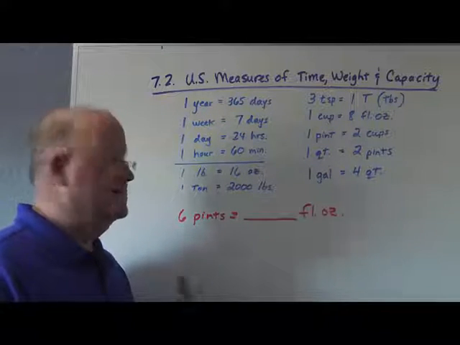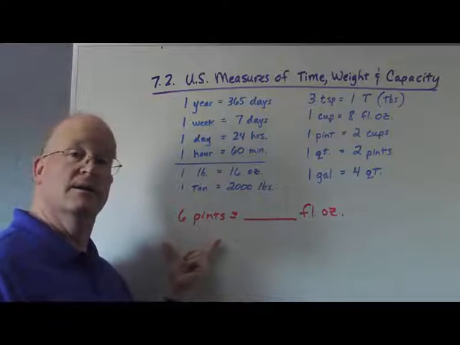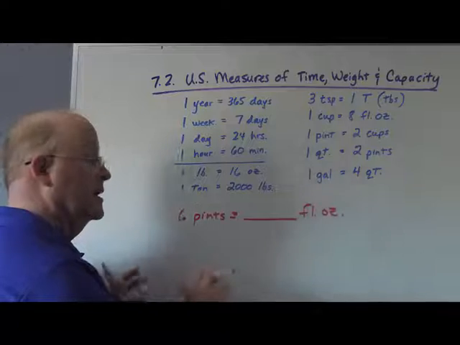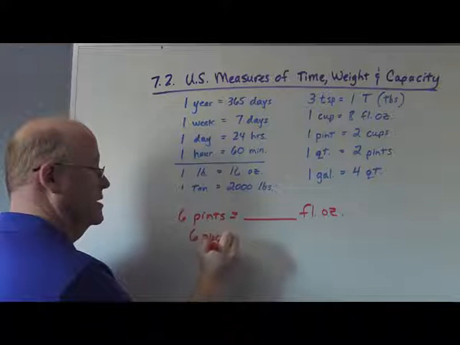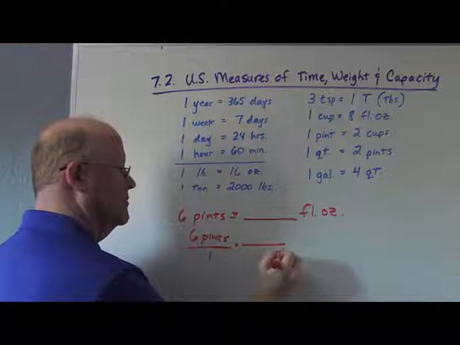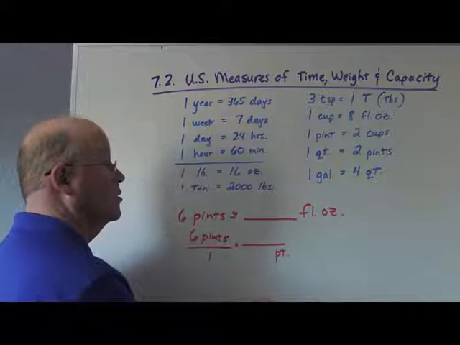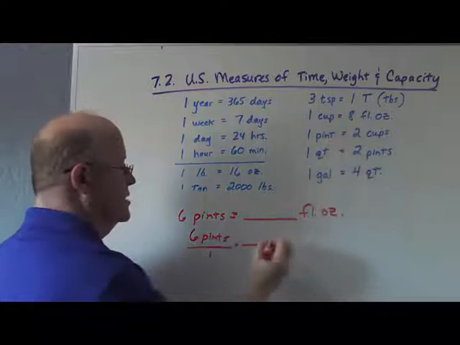Now let's do another conversion. Let's see how many fluid ounces are in 6 pints. Again, I'm going to begin with a conversion fraction. I'm going to put my 6 pints over 1 and multiply it by something that will cancel these pints out and get it closer to ounces. I know that 1 pint is 2 cups.